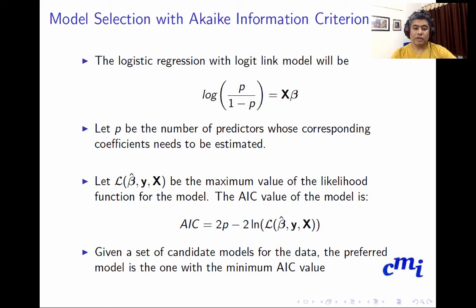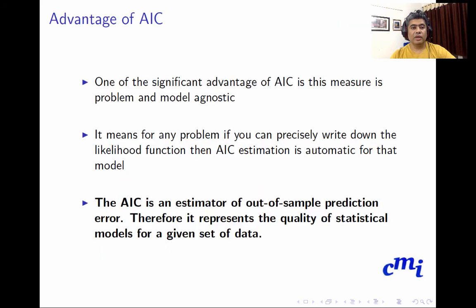One significant advantage of AIC is that the measure is problem and model agnostic. Whether it's a regression model or logistic regression model or Poisson regression model doesn't matter. You can always come up with the AIC measure of any model or any problem as long as you can write down the likelihood function.